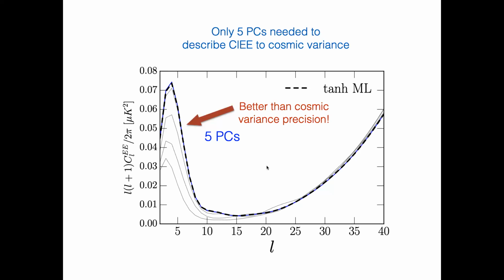In particular, exactly what you're seeing on this slide, the CLEE, the E-mode polarization power spectrum that Planck measures. It lets you calculate CLEE exactly, better than cosmic variance precision that we'll never be able to observe. But it is not meant to be used to reconstruct the ionization history.